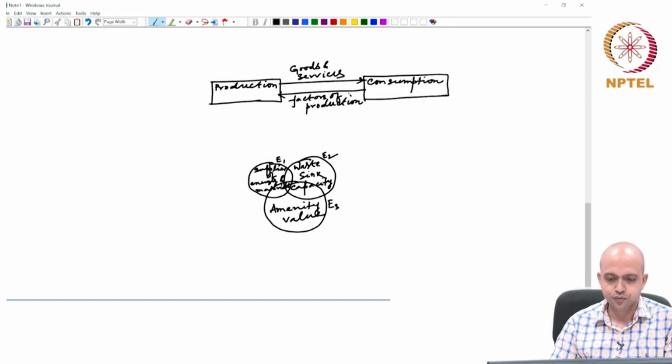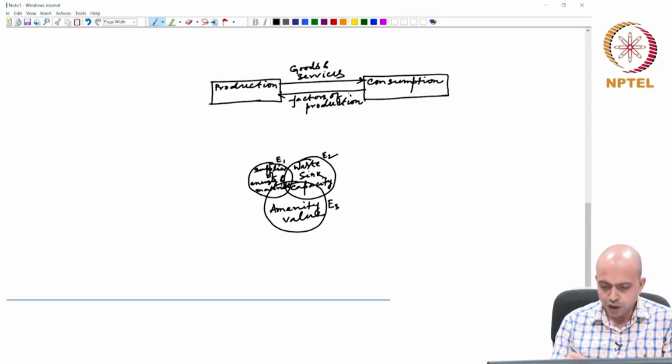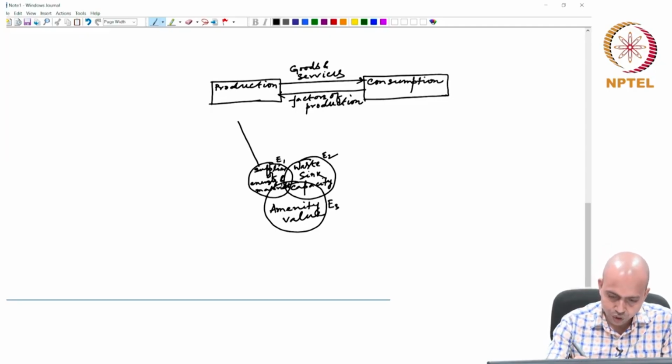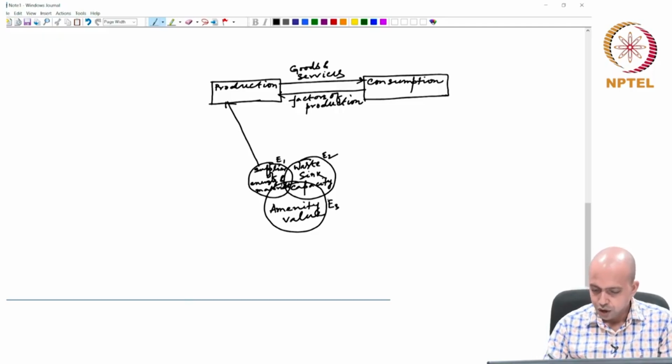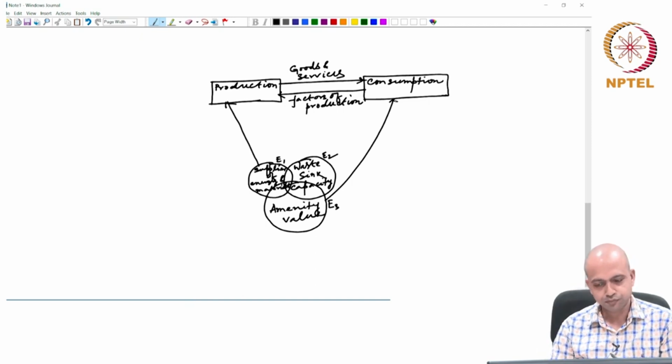Now, the energy and material go directly to the production. This amenity value goes directly to the consumption.